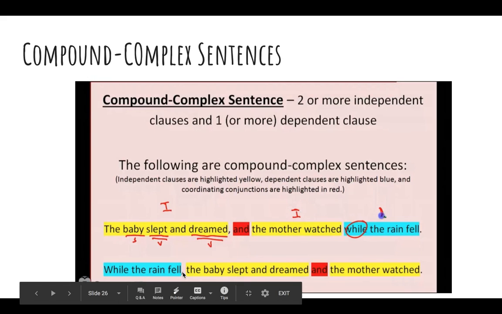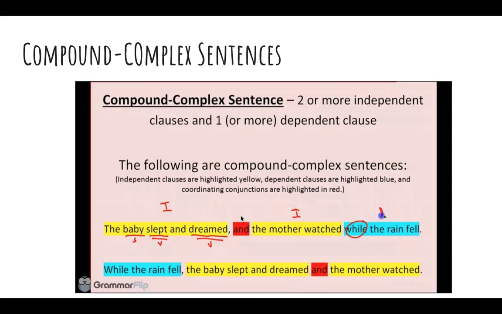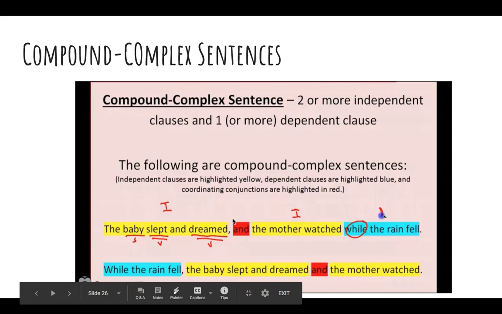So you've got a compound sentence here, and then your dependent clause here makes it complex. And same thing here, just in a different order. Your dependent clause here and your compound sentence here with the two independent clauses, so you've got both in one, making it a compound complex sentence.